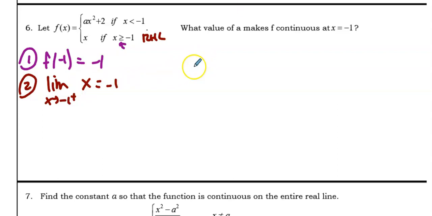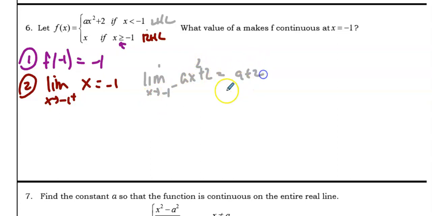And we're going to say that the limit as x approaches -1 from the left, and this is a left-hand limit for less than, is going to be equal to, well, we plug in, so it's going to be ax squared plus 2, but we automatically know what x is. It's -1. So it's going to be -1 squared, which is 1, so it's just going to be a plus 2. And this is totally legit. It's a totally valid way of saying this, that yes, a limit can be an expression.